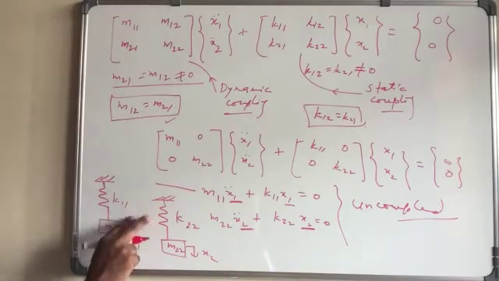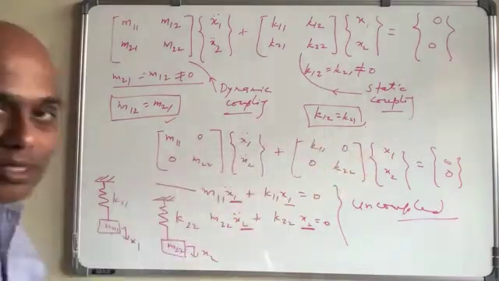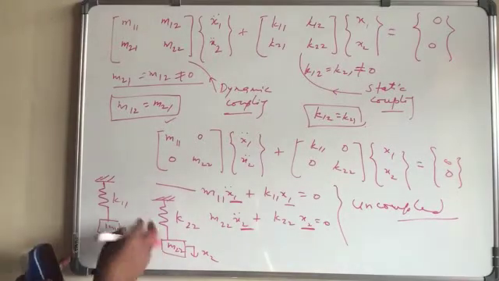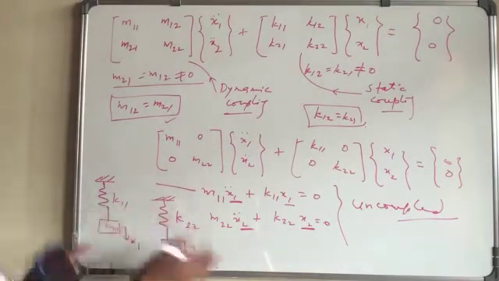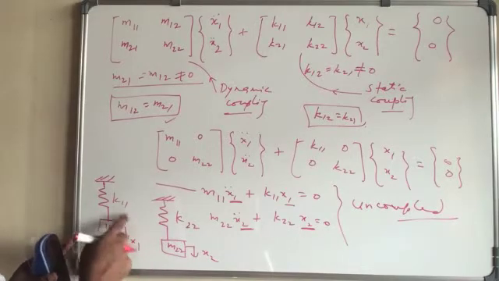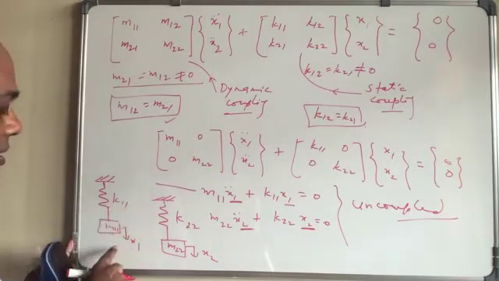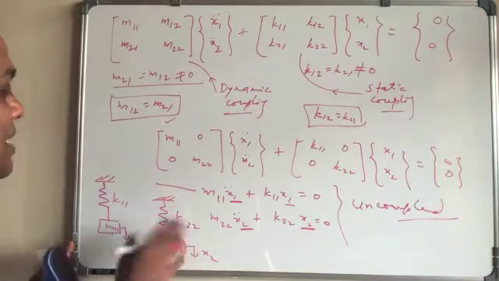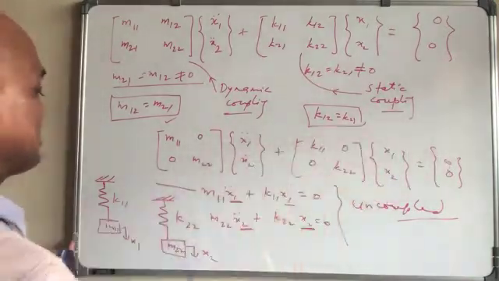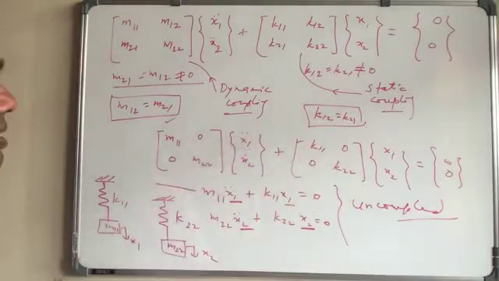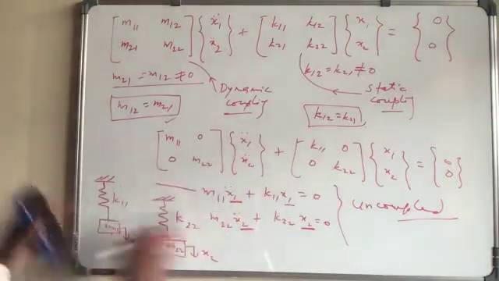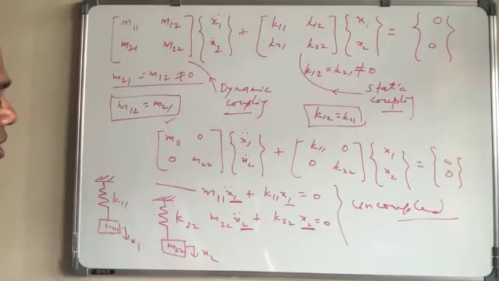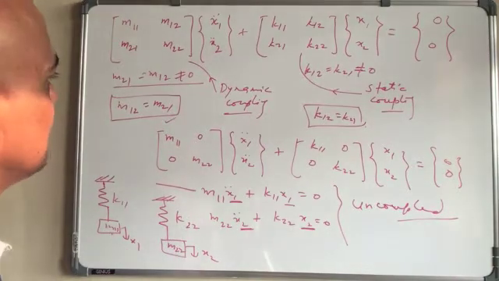There are two different systems, but we are writing them together. Since they are not related to each other, each will have its own natural frequency, even though we write in matrix form. Uncoupled really means they are independent of each other: x1 is not influencing x2 and vice versa.